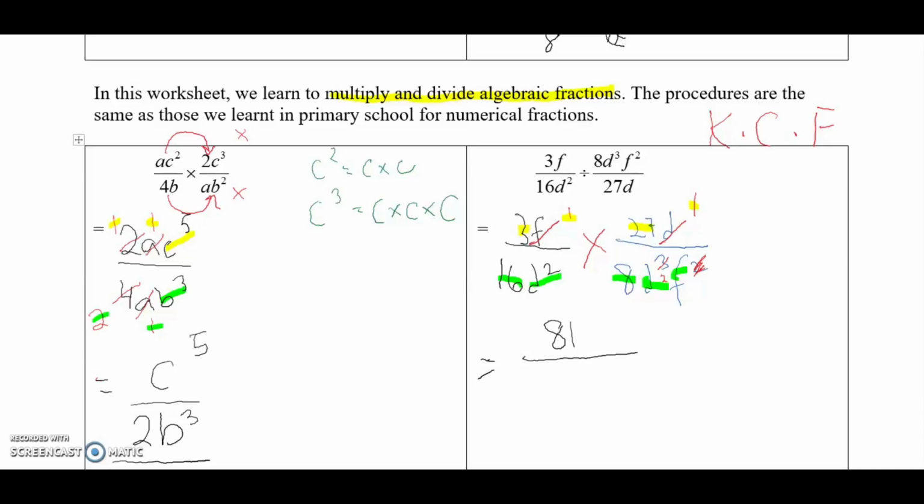We will get 128 d to the power 4 times f. This is how we simplify the algebraic fraction.